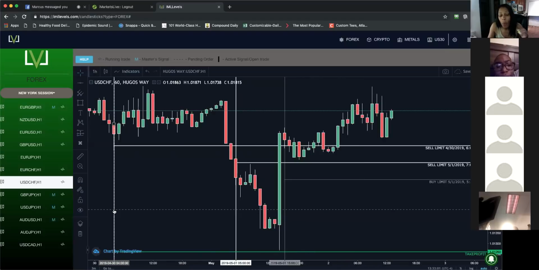The thicker white line means that the trade has already been triggered, right? So if it's a thick white line, the trade has already been triggered. If it's a thin white line, the trade has not been triggered, which means a fresh trade. Y'all with me?